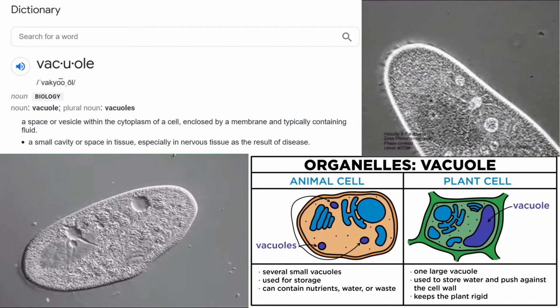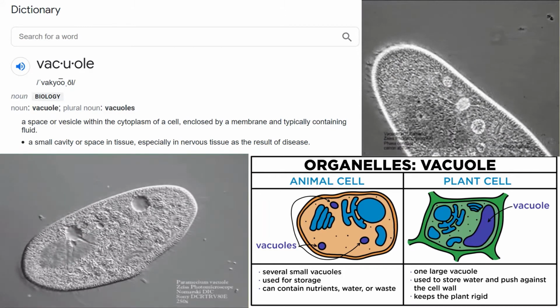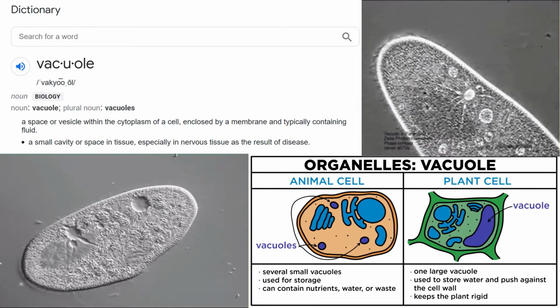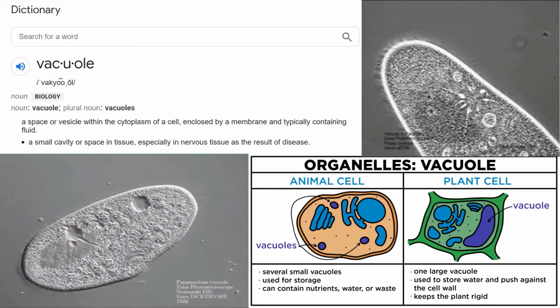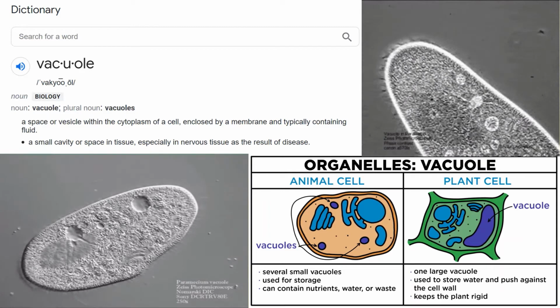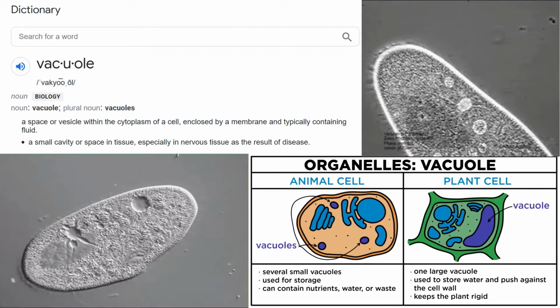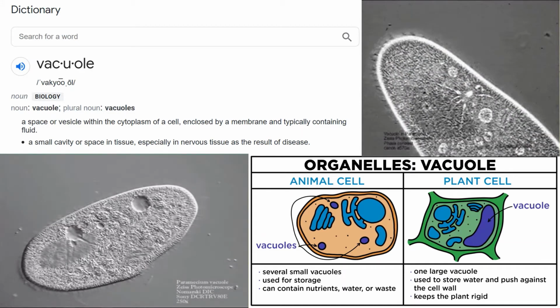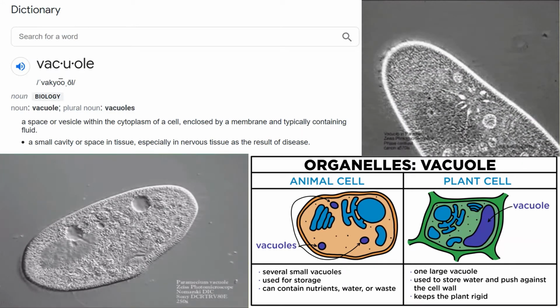The reason being is that plants can make their own food at any time, so they have a lot more nutrients and water to store, as opposed to animal cells, which can only do cellular respiration, not both photosynthesis and cellular respiration like plant cells.